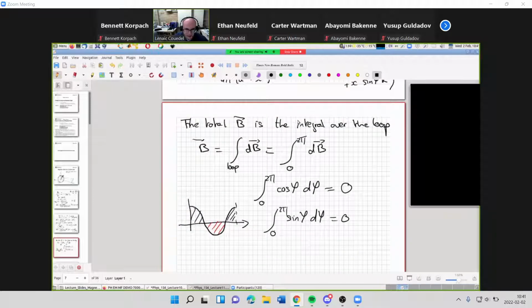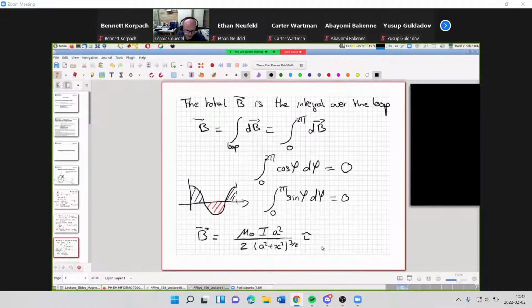So your B total will just be mu 0 I a squared over 2 times (a squared plus x squared) to the power 3/2, along i hat.